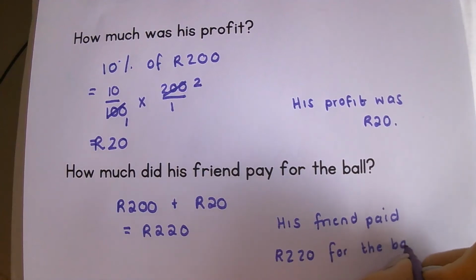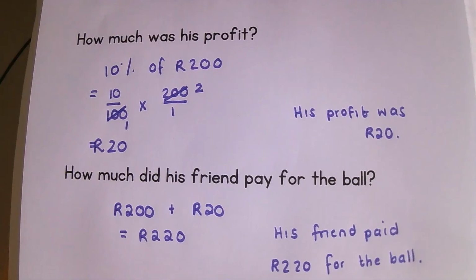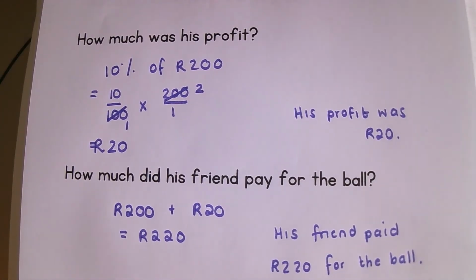Okay, quite clever. So his friend obviously made money off of this. Okay, so he bought the ball, sold it for a little bit more, and made money off of it. So his profit was 20 Rand at the end of the day. Okay, so some of the questions are quite easy. Sometimes you've got to think just a little bit, so not too much. Okay, let's go to the next one.